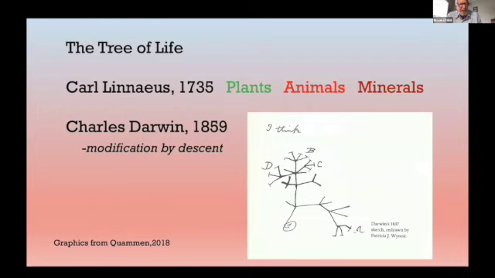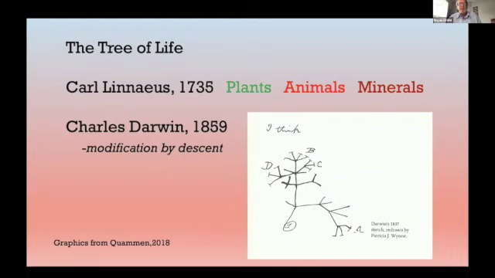Now, classification began with Linnaeus, and back in 1735, he had three categories: plants, animals, and minerals. Under each of those, they were divided into increasingly finer divisions, a sort of tree growing downwards. There's Darwin's initial little sketch in his notebook when he first began to think of his modification by descent. Again, a dendritic branching.